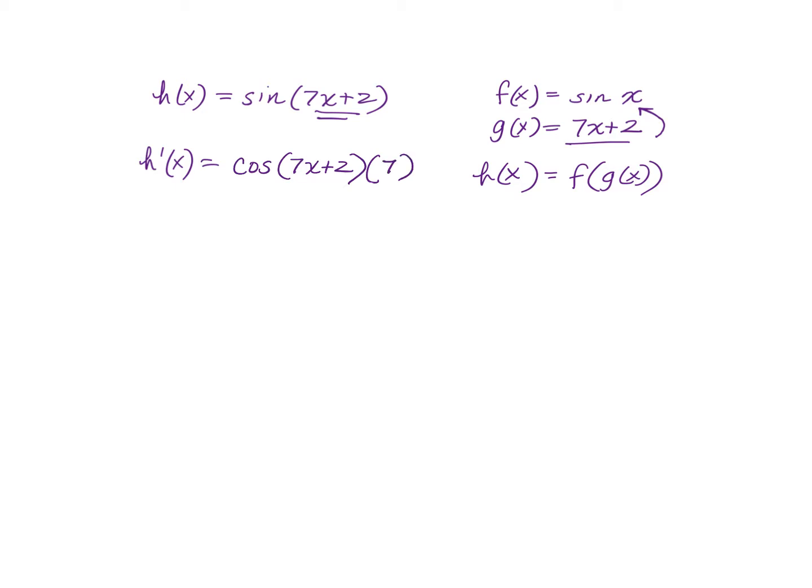And note that these two are not multiplied together. This 7 is not multiplied by this. The 7 needs to go out front because it's multiplied by the whole thing. All right, so that's h prime of x. Now, the toughest part of doing these problems is determining what the outside function is and what the inside function is.